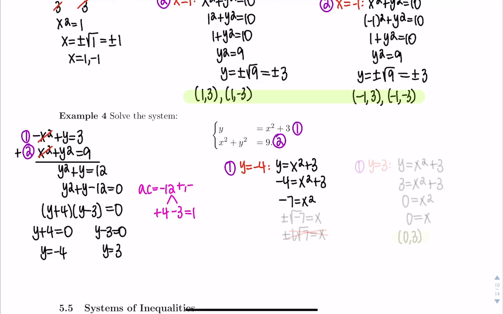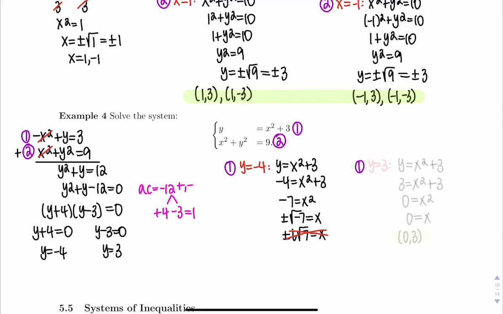And then by the square root property, we get plus or minus the square root of negative 7 equals x. And if we have a negative underneath a root, we can go ahead and pull an i out. So we have plus or minus i square root of 7 equals x. And because it's imaginary, we won't worry about this because we can't actually plot it on our graph. So go ahead and just cross it out, and we're going to go plug in the other value.